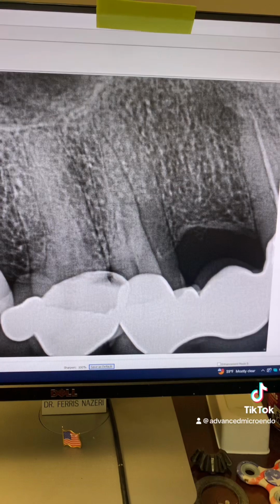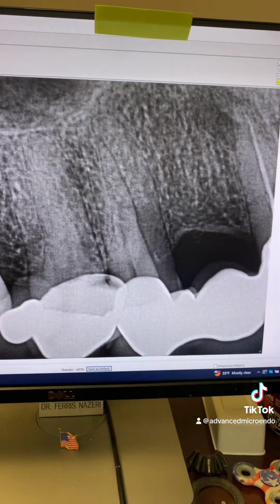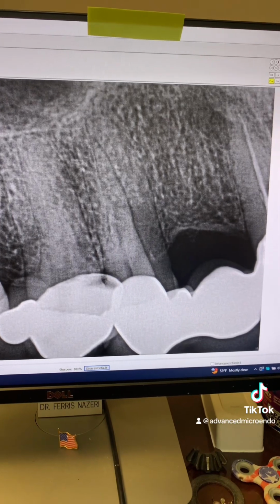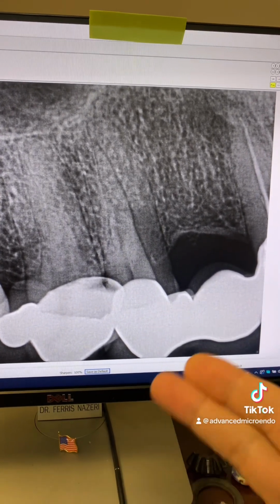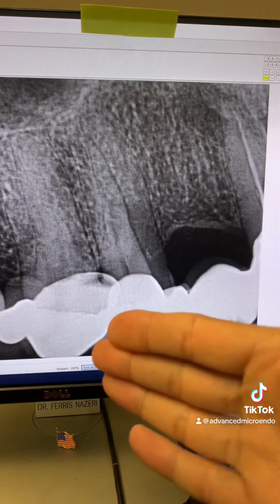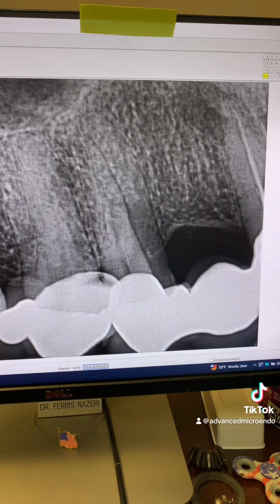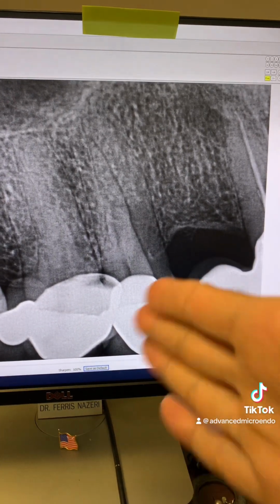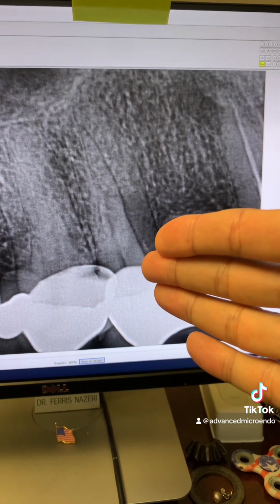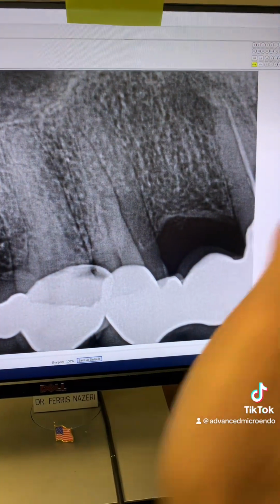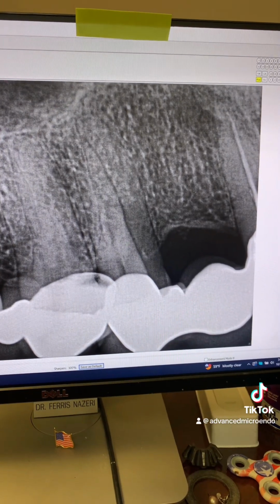I can figure this out with two PAs, and that goes with 99.9% of the teeth. You just angle the tip of your X-ray gun straight on, mesial towards the distal, and then distal towards the mesial, and you can open these teeth up.